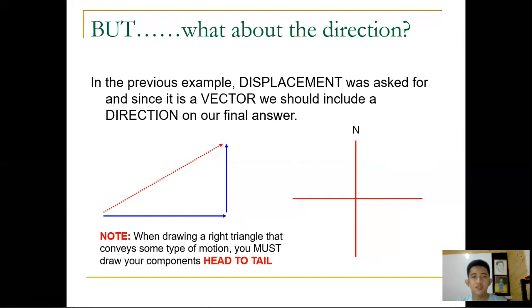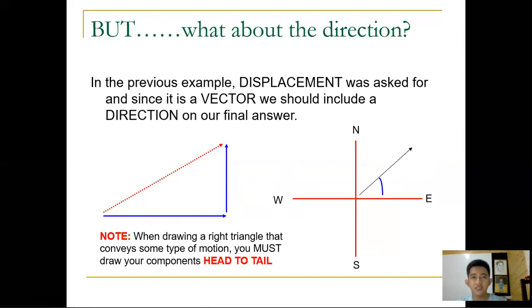Let's take note of this directional guide. If the angle in the triangle is at 45 degrees, then it is called northeast, southeast, southwest, or northwest.